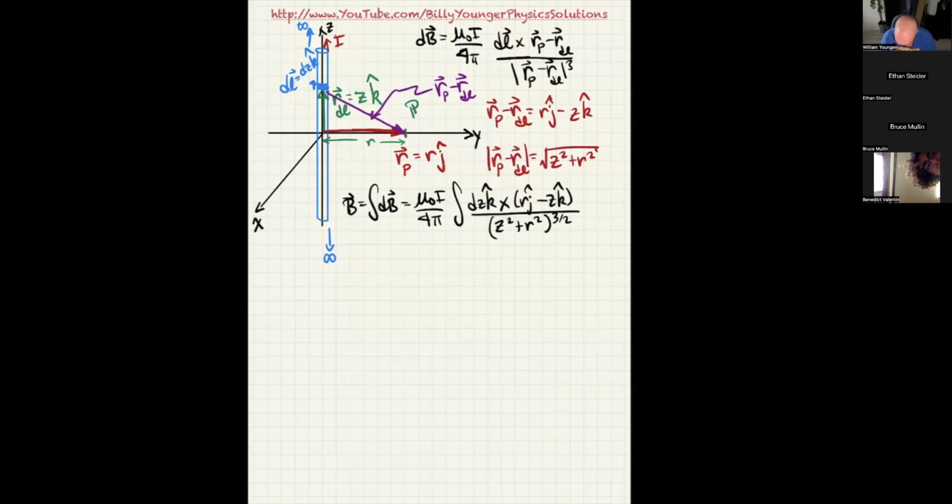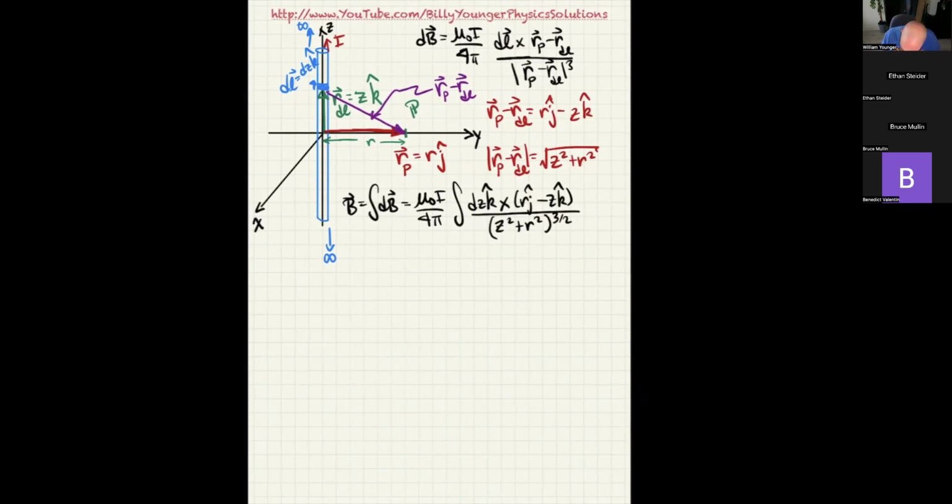Now, if you actually take a cross product of dl, which points up, remember you use your index finger for the first vector in the cross product, and then r_p minus r_dl, which points diagonally down in that direction, you see that the cross product points into the board. So the cross product gives you a direction that's technically negative i hat.